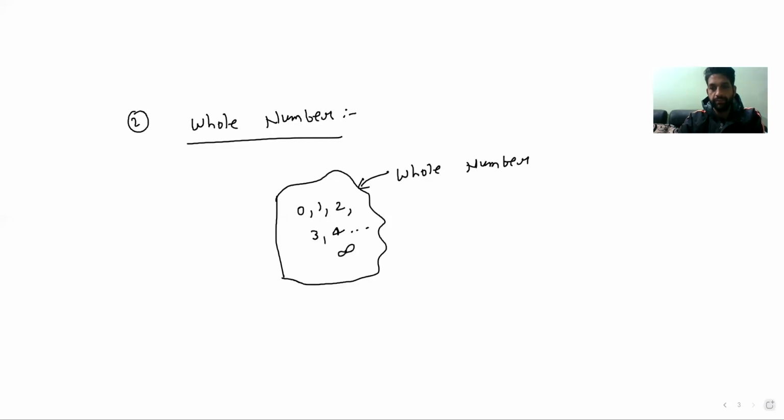Next, integers, which are denoted by Z. In the number line, there are also negative numbers.